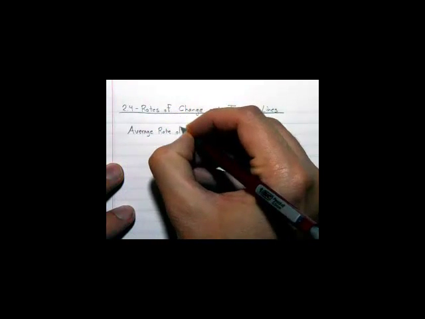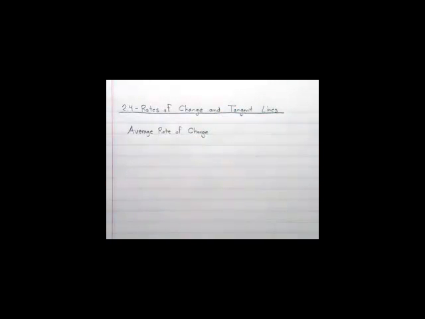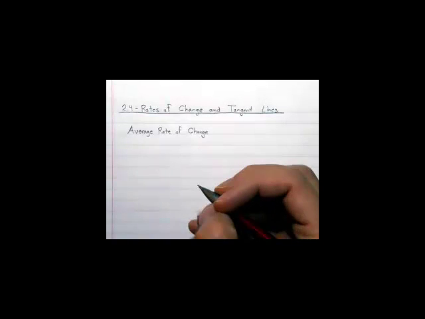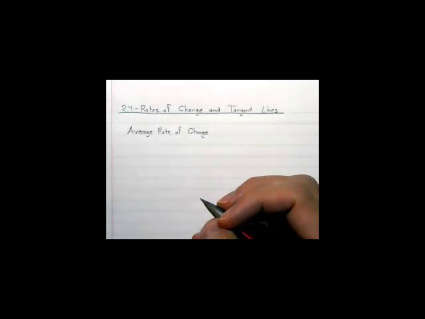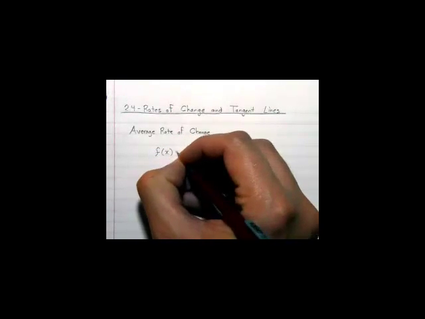So, let's start by talking about some average rate of change today. I'm going to put a little context to it this time. Let's say that we have just an equation this time.